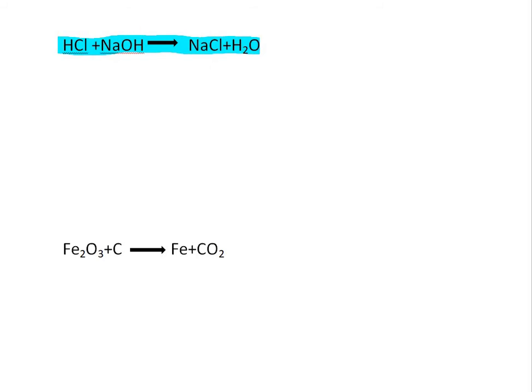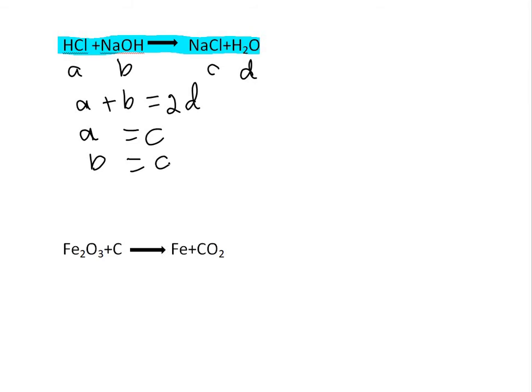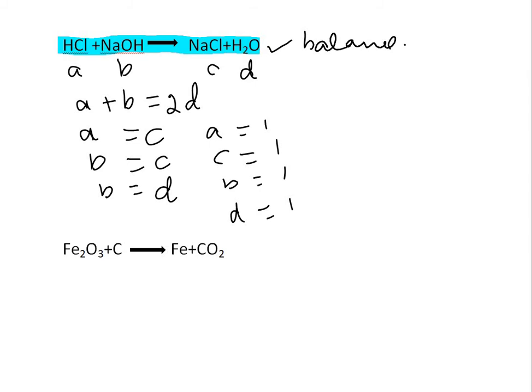I think it is a balanced one, we'll just crisscross this one with A, B, C, D. A plus B is equal to 2D, and then A is equal to C, and then B is equal to C, and then B is equal to D. If you put A is equal to 1, C is also 1, B also 1, and D also 1 you will get. So this is exactly a balanced one.